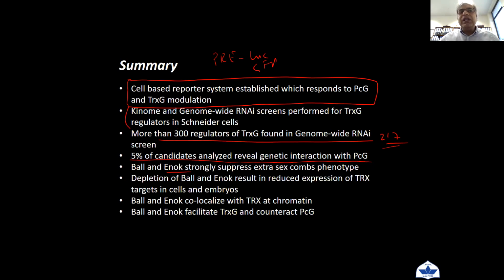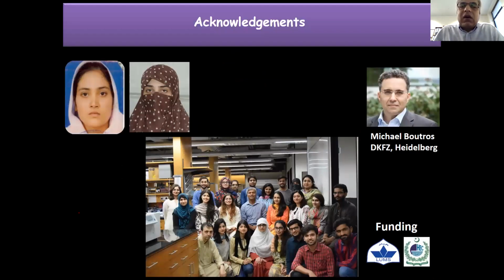I shared with you Enoch data, which show strong suppression of extra sexcomb, as well as impact on the trithorax group targets, homeotic as well as non-homeotic targets in embryos as well as in cells. And finally, I showed you that Enoch co-localizes with trithorax at chromatin, and it specifically counteracts the PRC1 complex in flies.